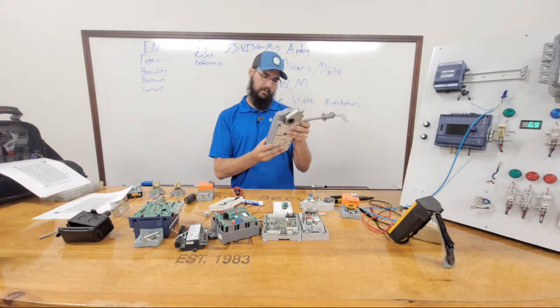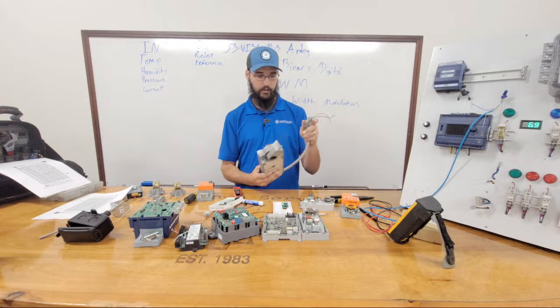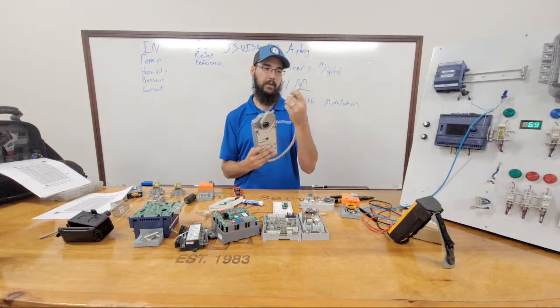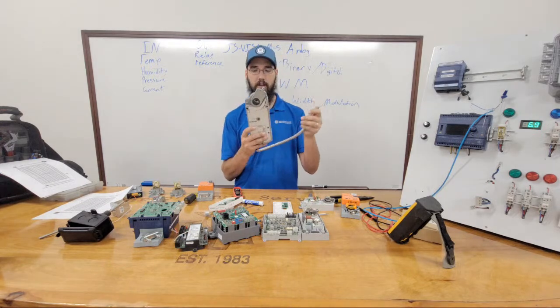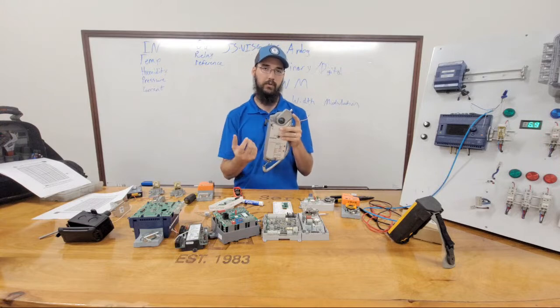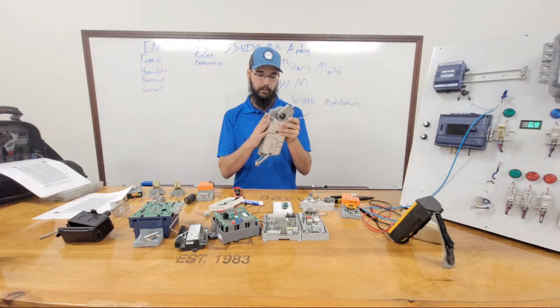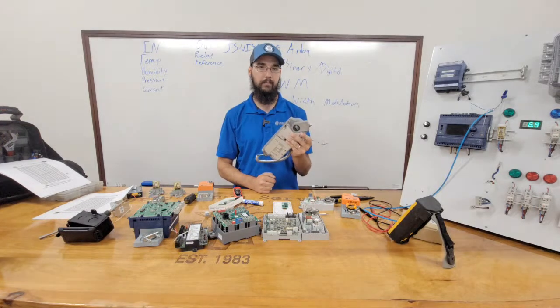So this particular one is 120 volt. Yeah, 120 volts. So we just feed between the black and the white, 120 volts to this, and it's going to open this actuator. And as soon as that 120 volts is dropped out, the spring in here is going to just close it back. And it's really that simple.